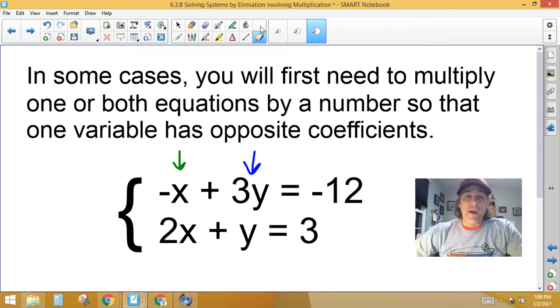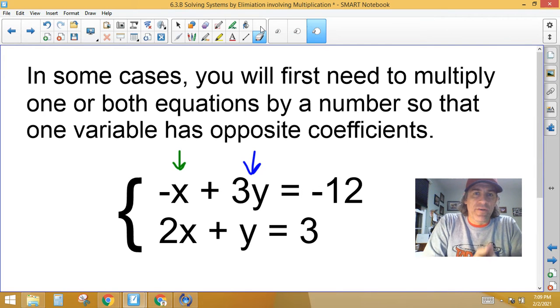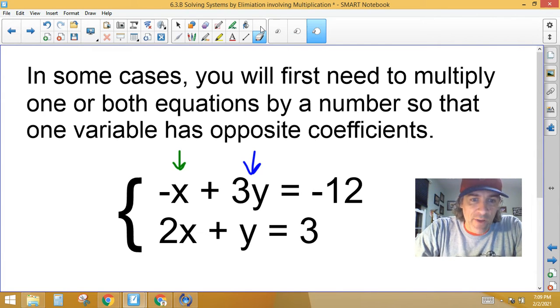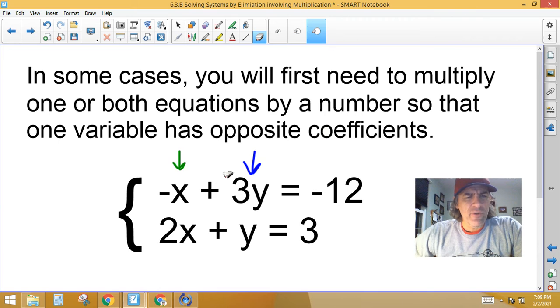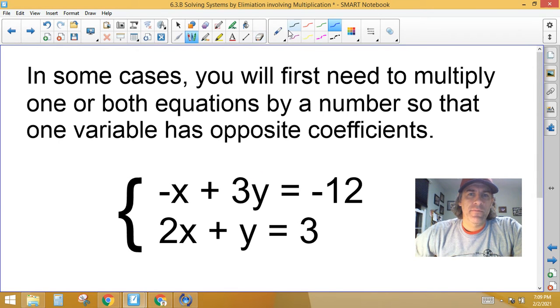Well, we are allowed to do something called multiplication. We are allowed to multiply one or both of the equations in order to make one of the coefficients cancel out with the other one. Meaning, so let's look here. I have right here a 2x.